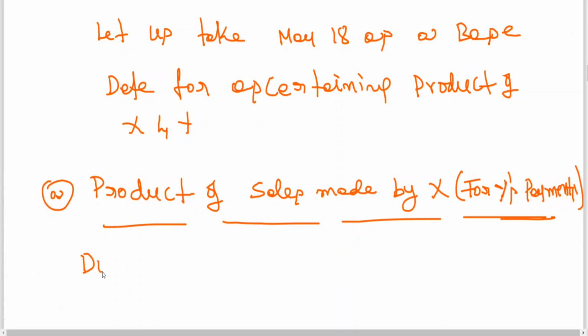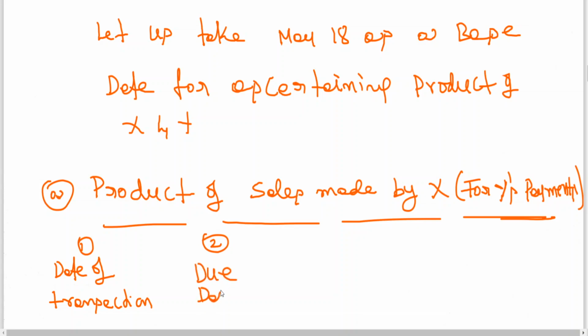Here, due date, directly I am writing, or if you want to insert whatever the date of transaction is being given, you can start with the date of transaction, first column. Second column, due date. Third column, amount. Fourth column, or third column, we write number of days.